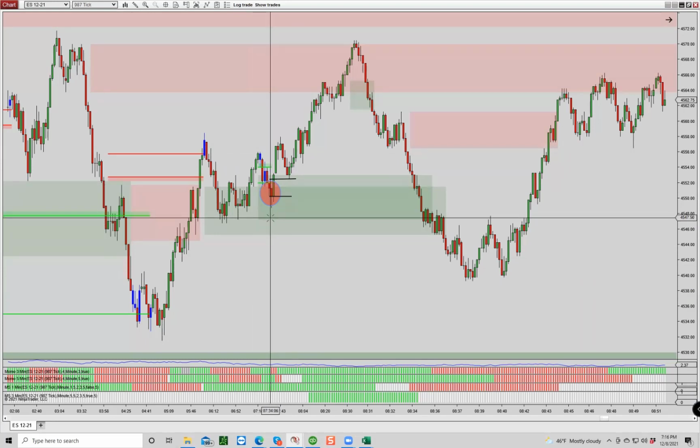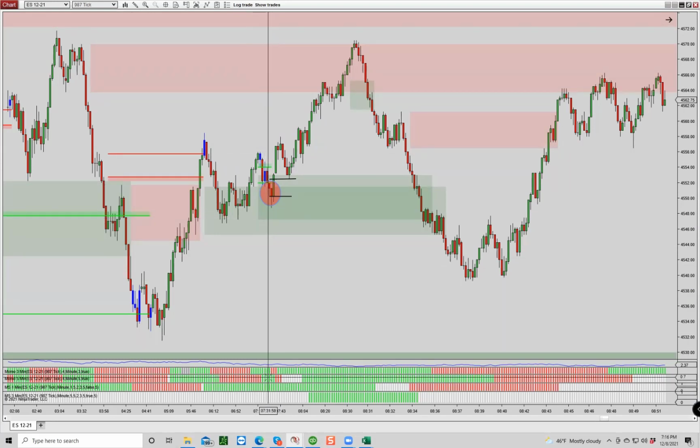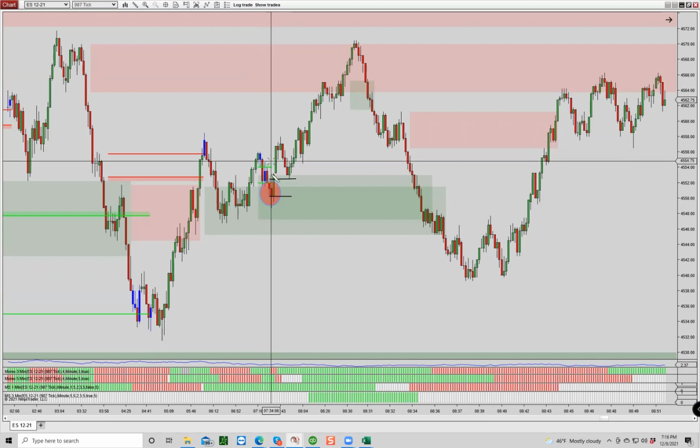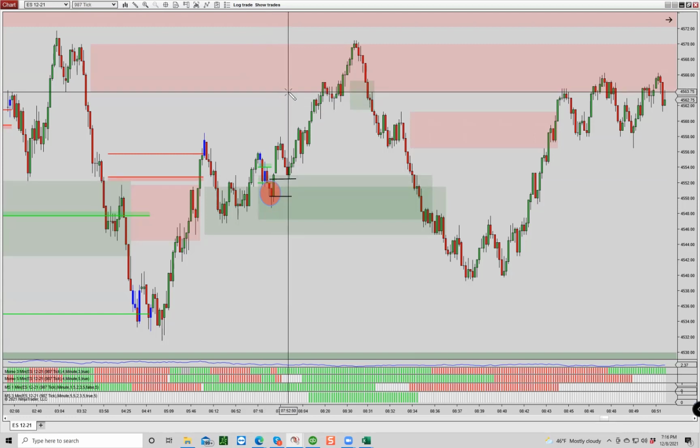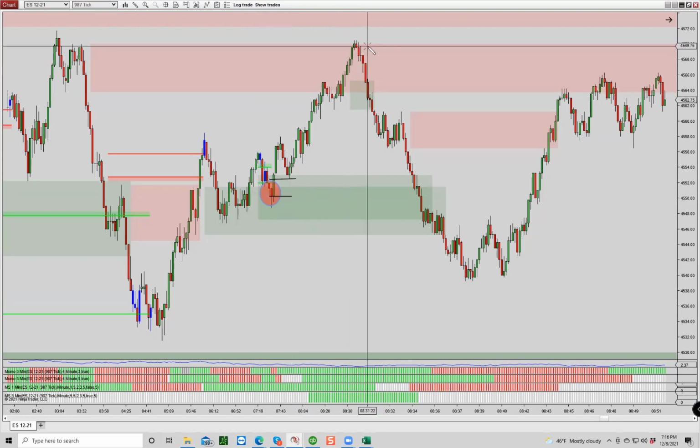And you can see at the time of my signal bar, I have green momentum, green trend, and neutral. So I don't have any trend against me. And I have room from here, from 45.52 up to 45.63. It's plenty of room for me. And this ends up turning out to be a really nice trade.